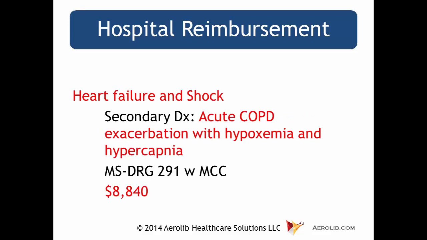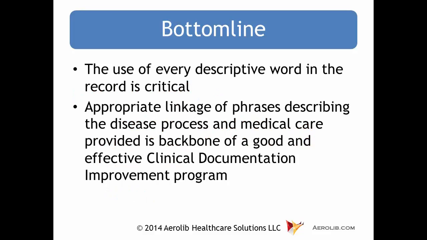When we put in the primary diagnosis as heart failure and the secondary diagnosis as acute COPD exacerbation with hypoxemia and hypercapnia, again, using these words on linkage of secondary conditions, you can see the reimbursement has gone up to about 8,840.